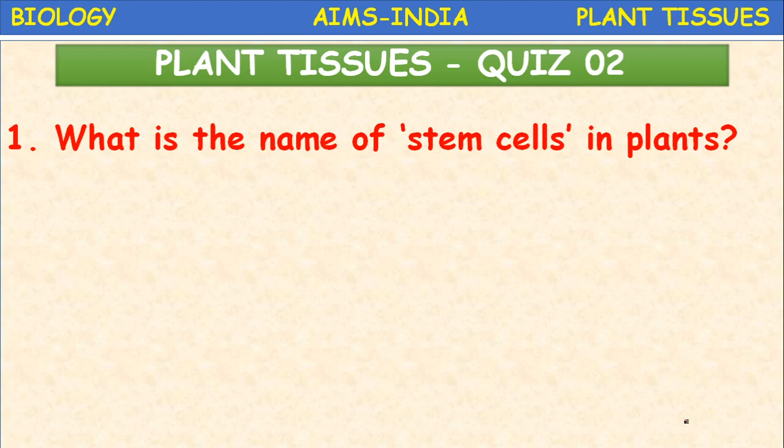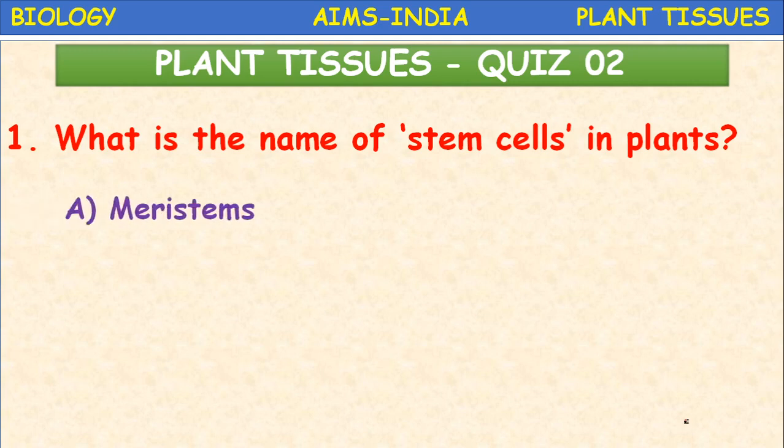What is the name of the stem cells in plants? Generally stem cells means not the cells which are present in the stem. In animals also stem cells are present. The meaning of stem cells is totipotent cells or actively dividing cells.